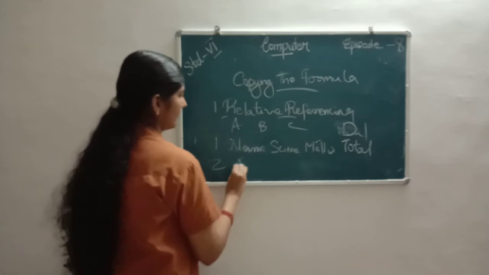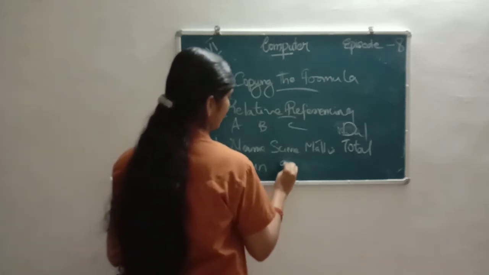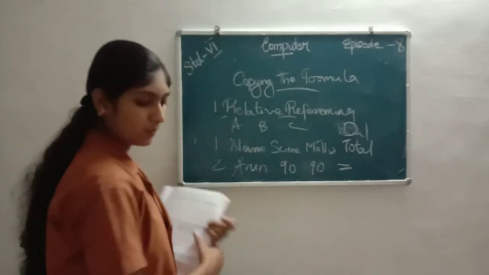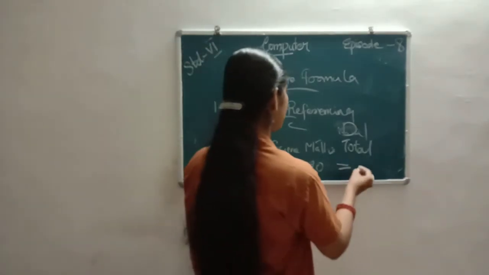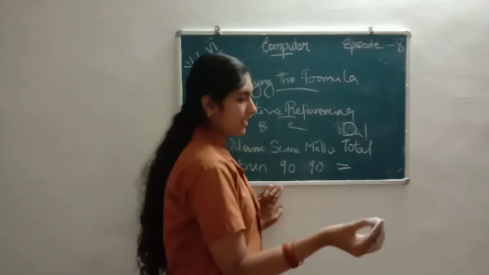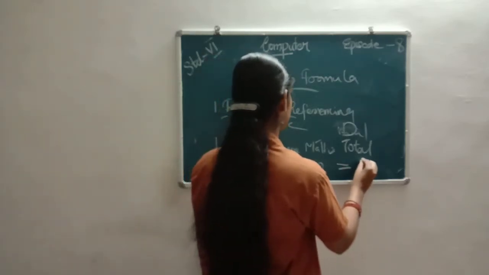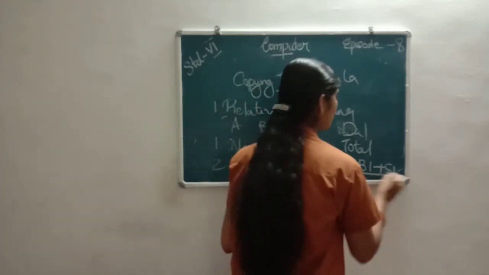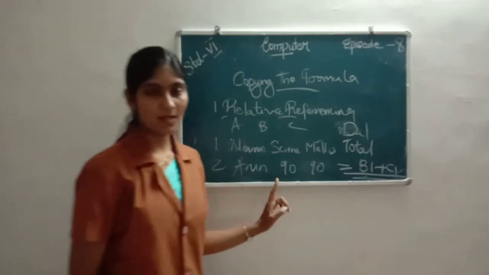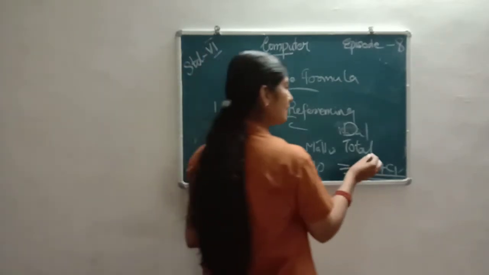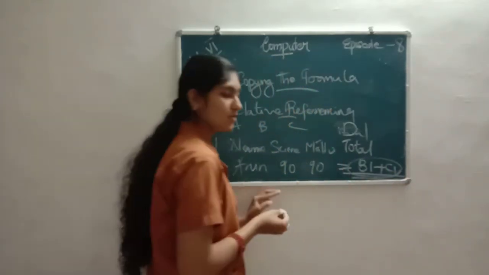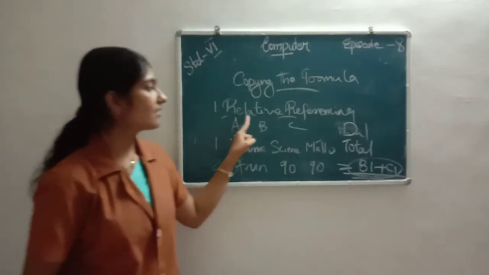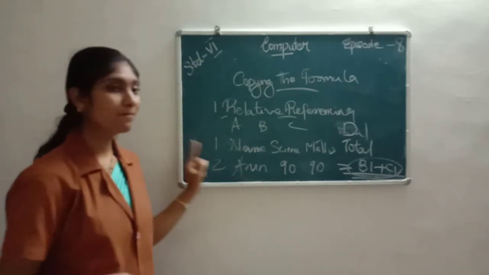Here, Arun has 90 and 90. So here we created a formula: first put an equal to symbol, then D1 plus C1. This is the equation we created for calculating the sum. If you want to copy this formula or equation to any other cell using relative referencing, what happens?